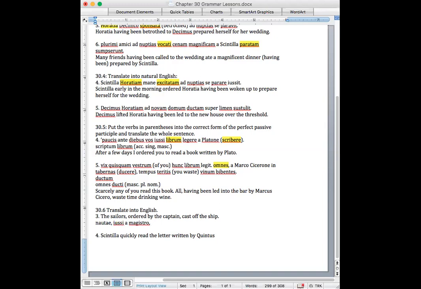Let us look up the third principal part of solvo. Yes, it's solvi. So cast off the ship will need to be singular and accusative. Okay.